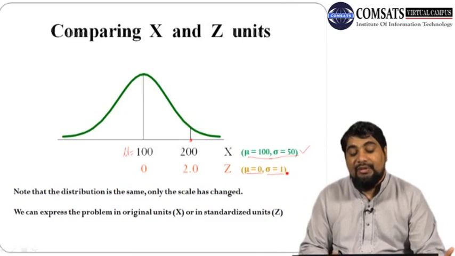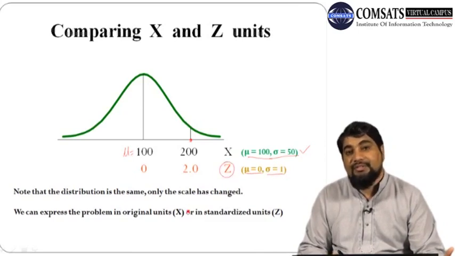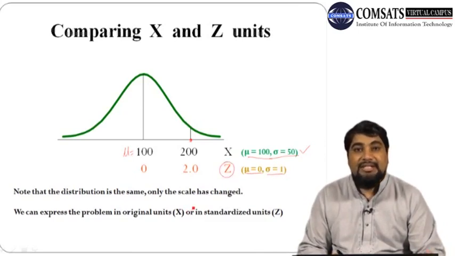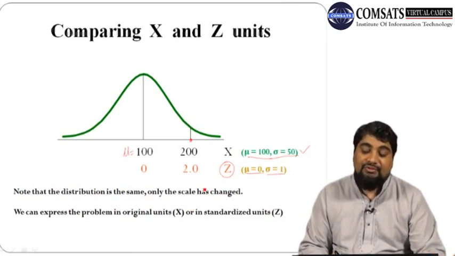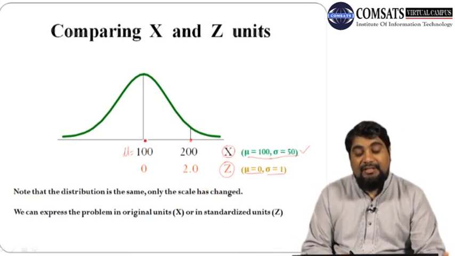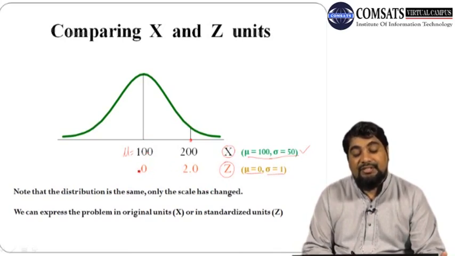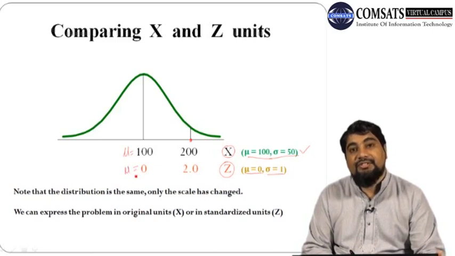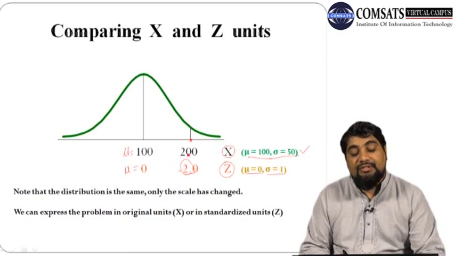So we have a new variable which is represented by z. z is a standardized random variable which follows a normal distribution just like the random variable x. Now this 100 in terms of z units, the mean, is 0, and this 200 is now 2. So 200 is 2 standard deviations above this 100.